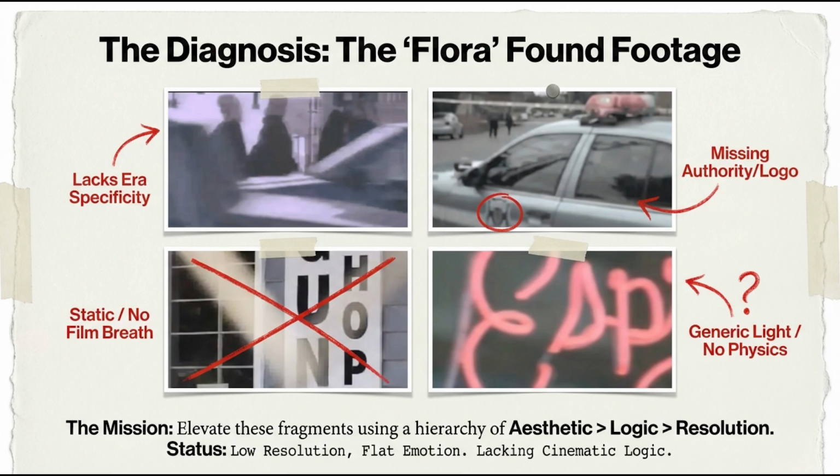Key fashion and era markers like logos and textures were pixelated. And as for the broken lighting logic, it lacked the textured light scattering found in the real world. Our core mission was to use AI's associative power to compensate for this missing aesthetic information.